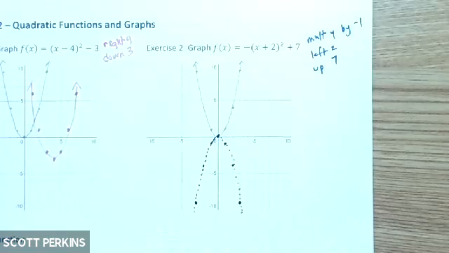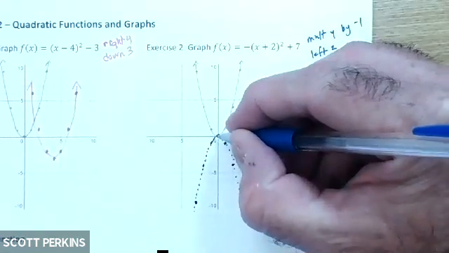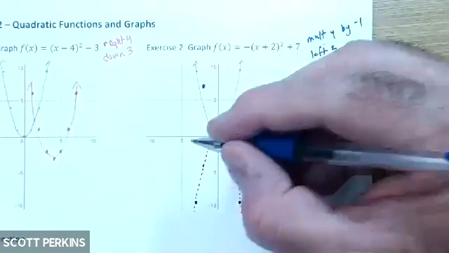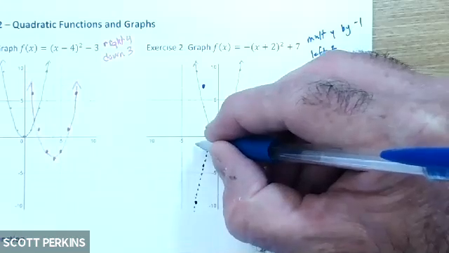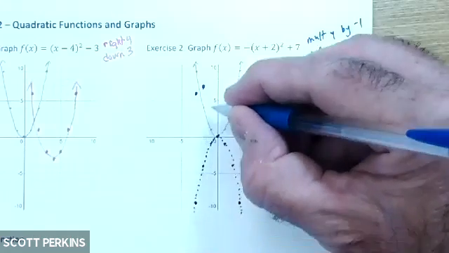Now I'm going to take those dots that we just reflected by multiplying by -1, and I'm going to move them left 2, up 7. So left 2, and then up 7 makes the vertex go to here. Left 2, up 7 here. This one, left 2, up 7.